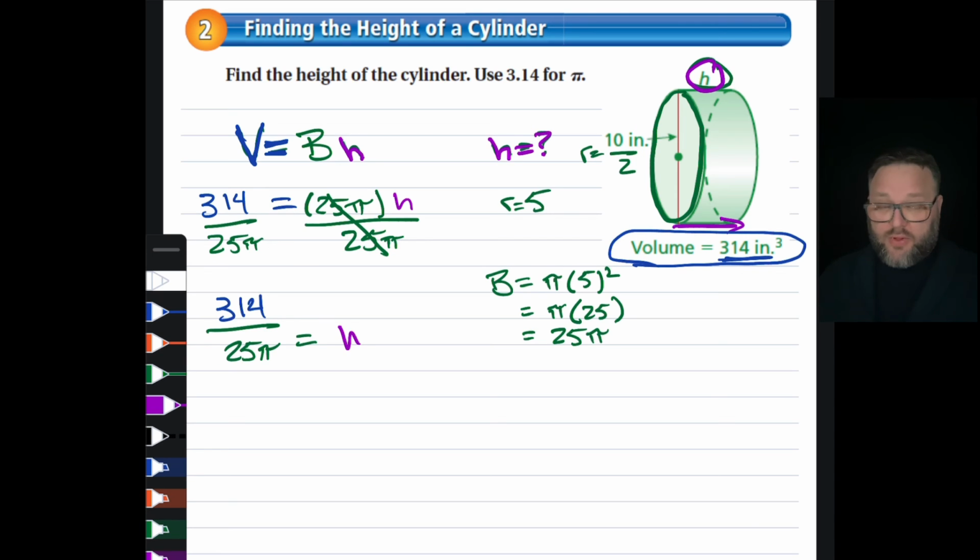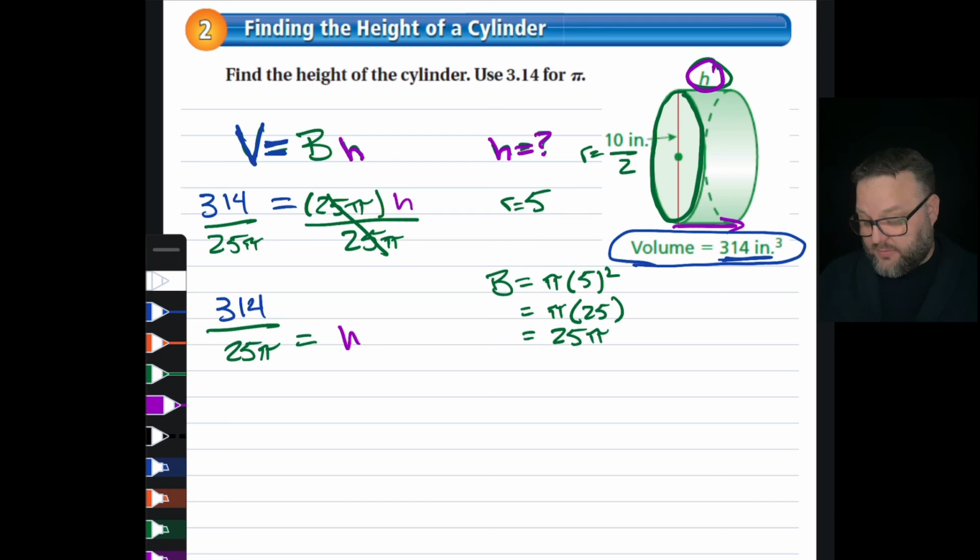So a couple of things I could do. I could, knowing 314 is my numerator and pi is in my denominator, and knowing pi is 3.14, 314 and 3.14 should sound eerily familiar. I could cancel that, but really what I'm going to do is I'm just going to pick up my calculator.